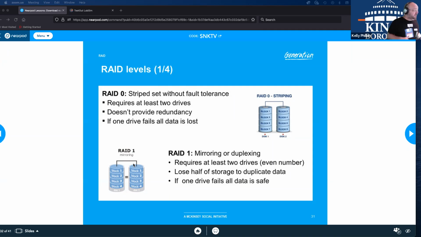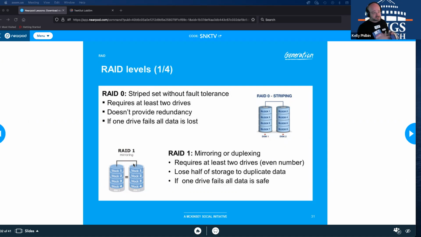So you get more data integrity, but you actually lose speed. So it's happening slower because the memory controller takes up a little bit of processing time, writing to a single drive and then writing to the other drive. It actually works a little bit slower than just a single drive alone. But you have higher data integrity. You have a minimum of 2 drives.